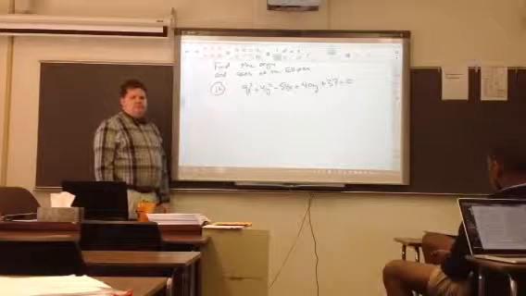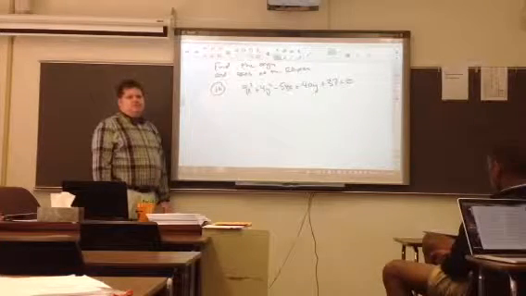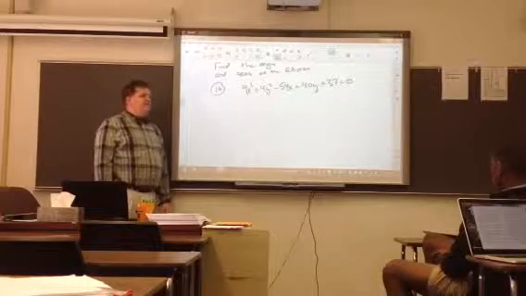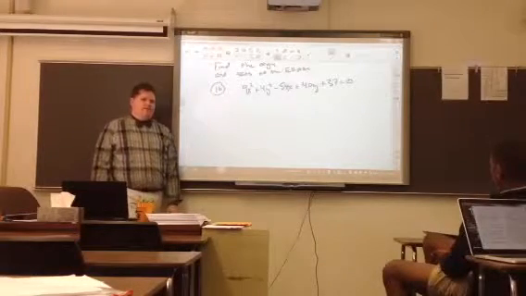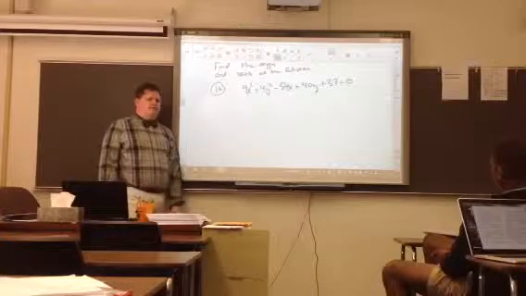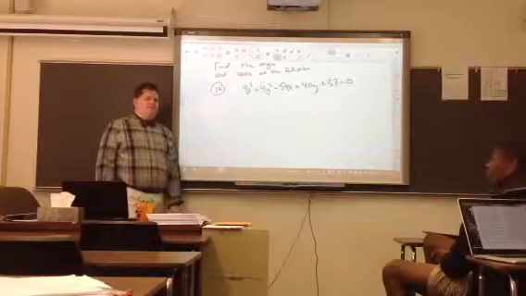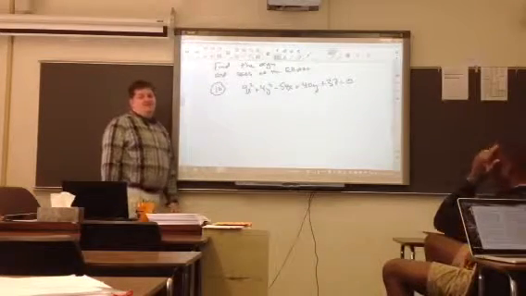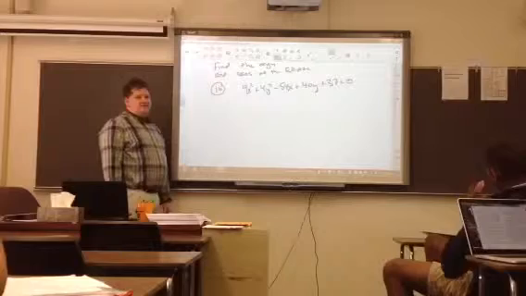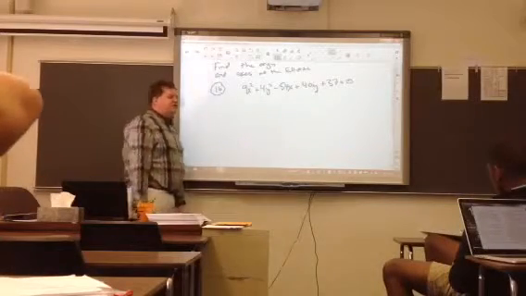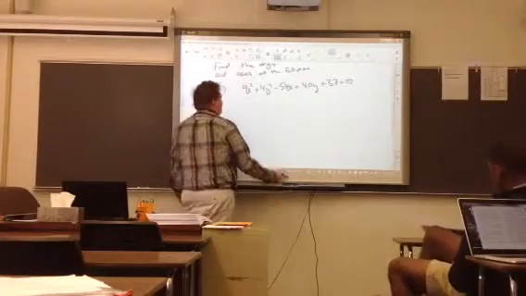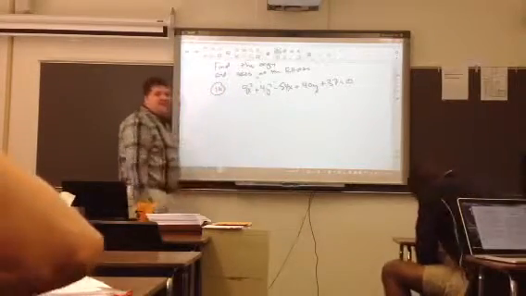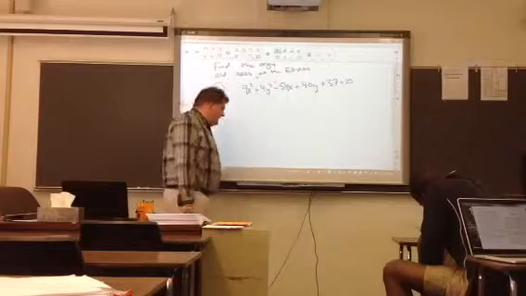The coefficients of x squared and y squared would be the same. For a circle, these would have to be the same. They're not the same, so therefore this is going to be an ellipse.